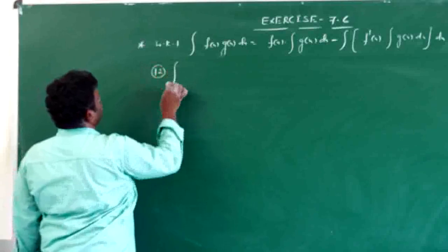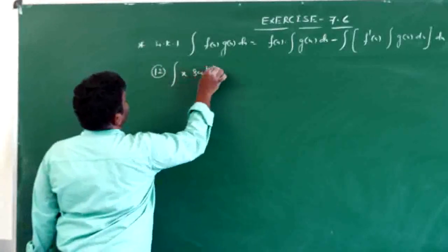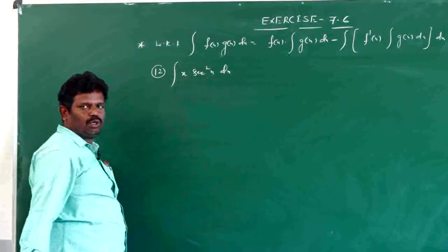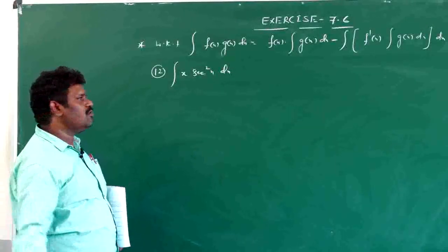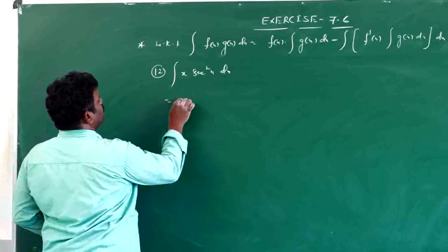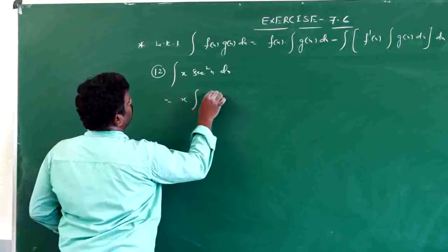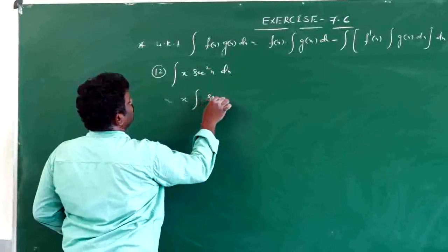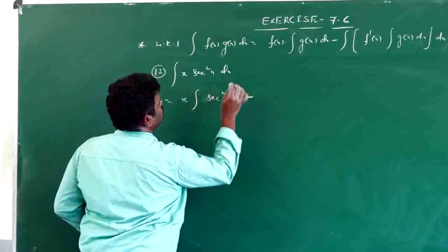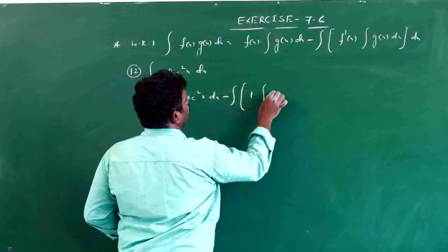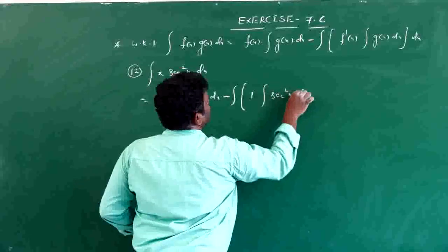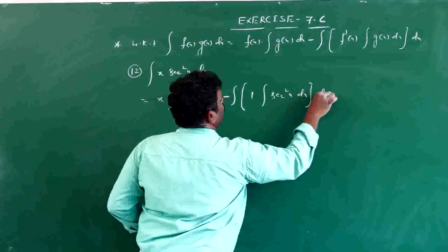12th one, see ma. Integral x into secant square x dx. Okay na? Here selection means algebraic, trigonometric, next function. So x into integral of secant square x dx minus integral of derivative of the first function 1, integral of secant square x dx into dx.